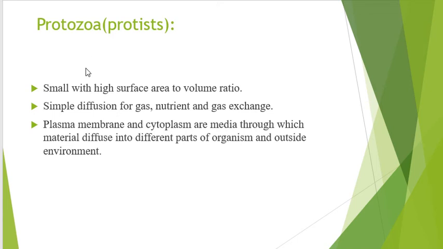They have the simplest system of transportation: they are small with a high surface area to volume ratio. In this system simple diffusion for gases and nutrients occurs, and the plasma membrane and cytoplasm are the media through which material diffuses into different parts of the organism and outside to the environment.